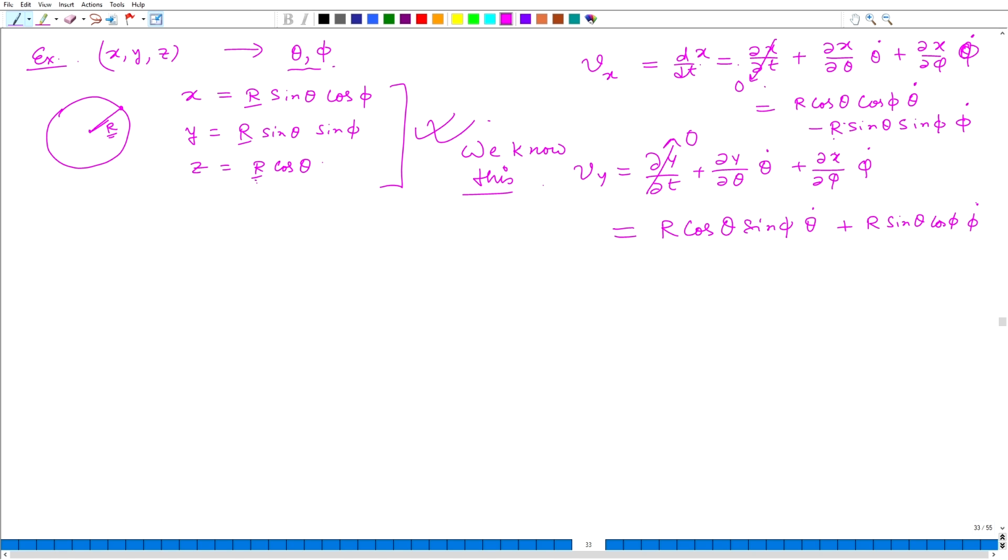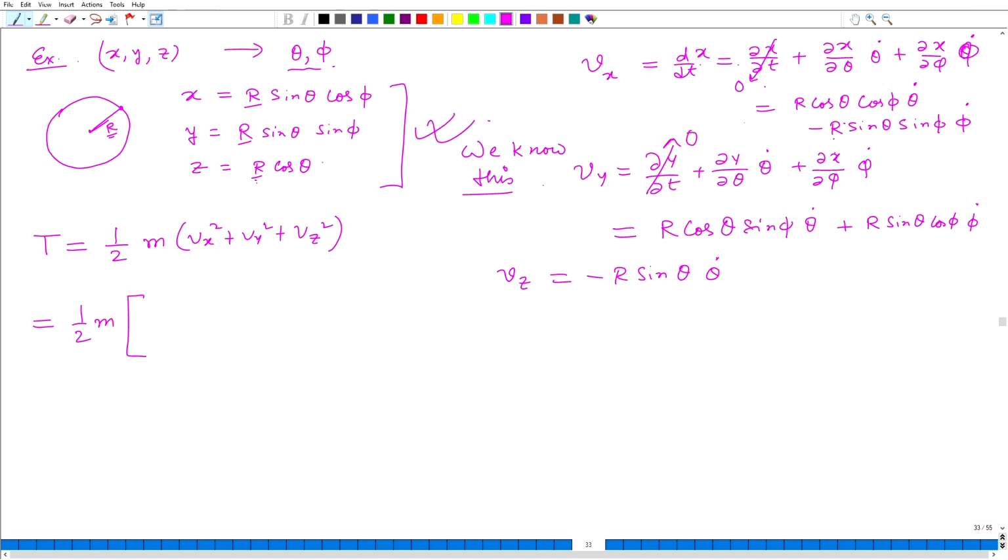So, I have this, and finally, I have also Vz, and Vz is nothing but minus r sin theta, theta dot. You now do the total kinetic energy, which is nothing but half m by definition, Vx square plus Vy square plus Vz square, and you write the expression in terms of theta and phi.